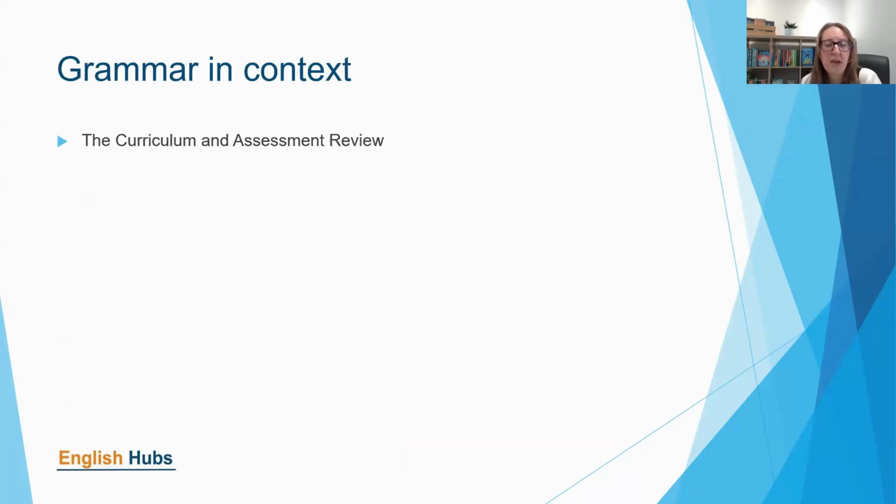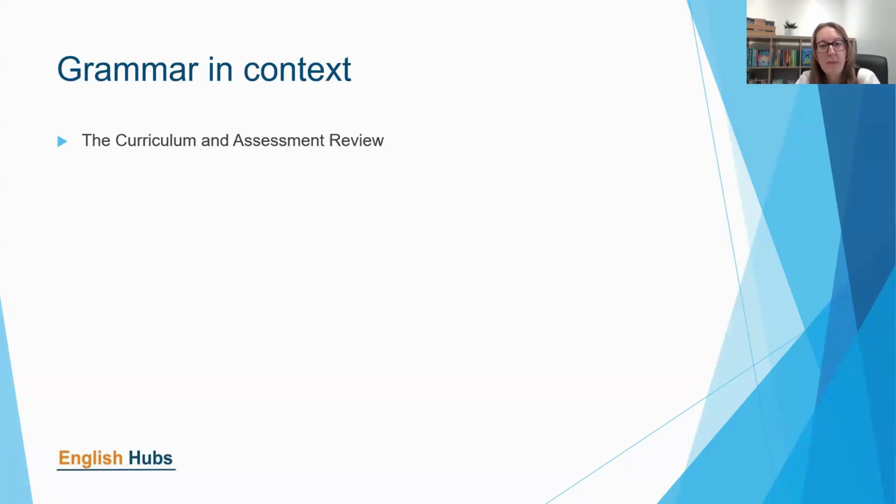So we know that the Curriculum and Assessment Review stated that advanced and overtly theoretical grammar at Key Stage 2 does disengage pupils and, crucially, does not help them to write well. However, it did recognise that a thorough knowledge and understanding of grammar is crucial to success, not just in English, but across all subjects.